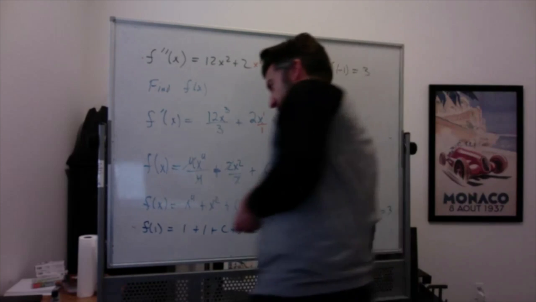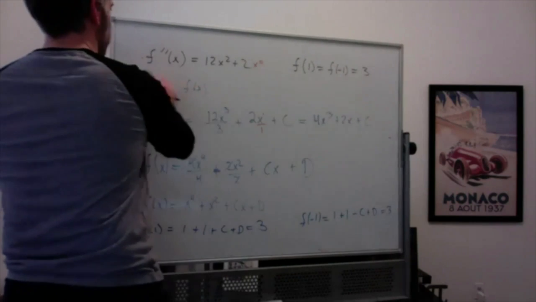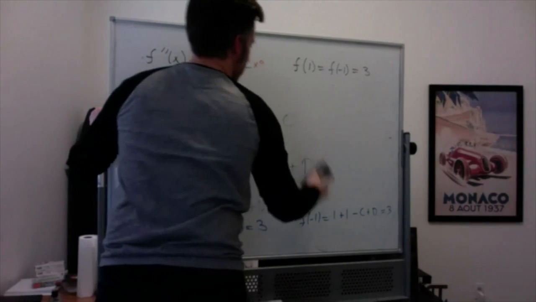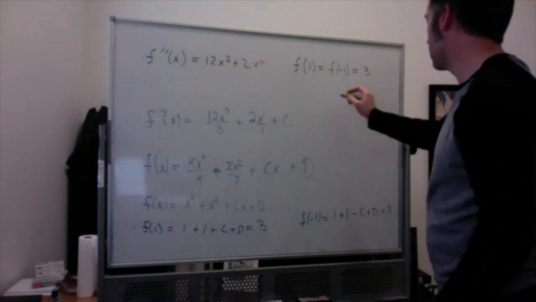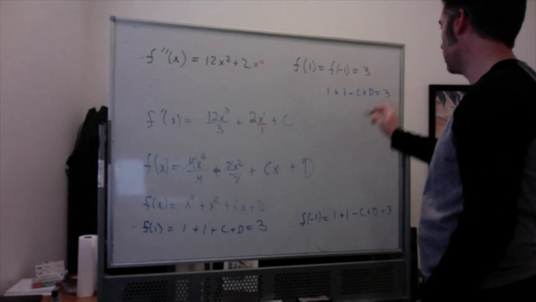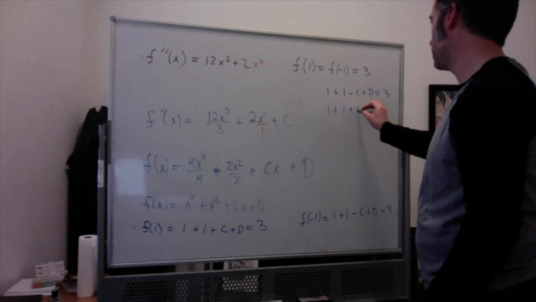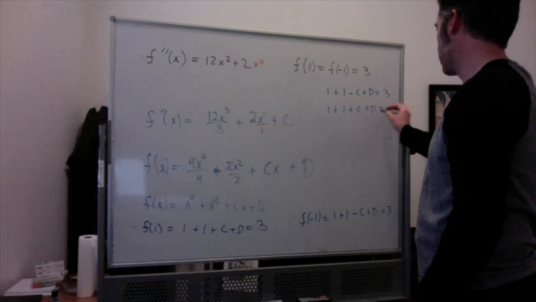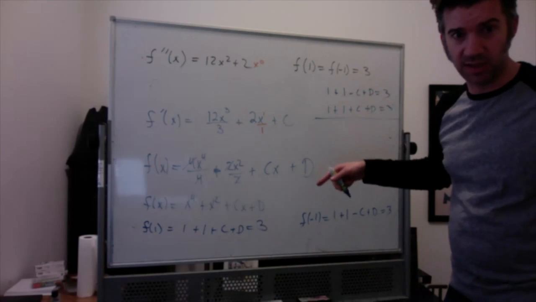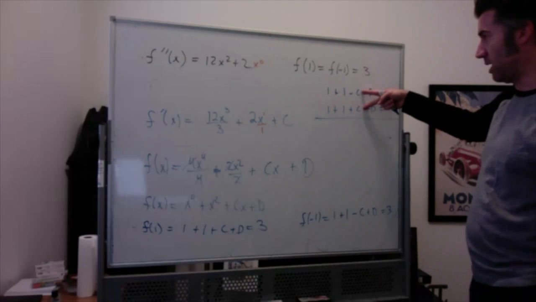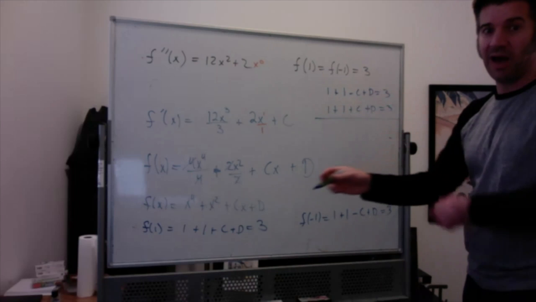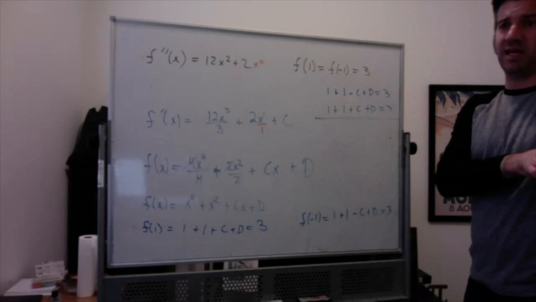What I mean is you could take 1 plus 1 minus c plus d equal to 3, and 1 plus 1 plus c plus d equal to 3. And you could either add or subtract these equations. If you add the equations, the c's will cancel. If you do this equation minus this equation, the d's will cancel. I think it's easier to add the equations anytime you have the choice.